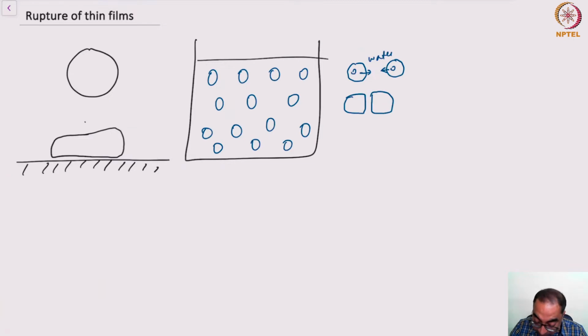If I were to make a magnified view of this thin film region, then what you have is something like this: two oil droplets, with oil on this side and this side, and you have water in the middle.